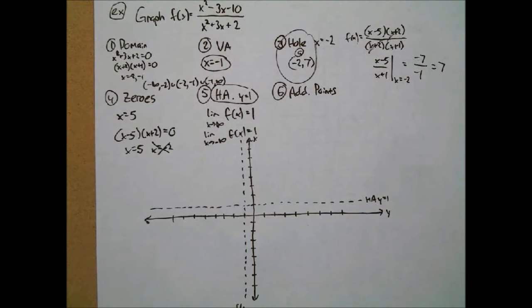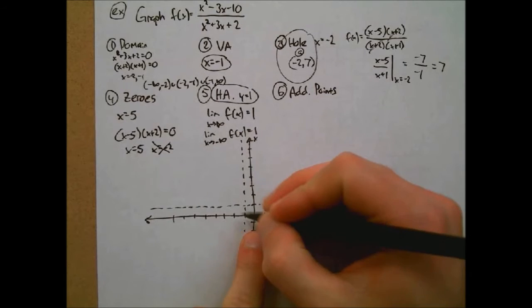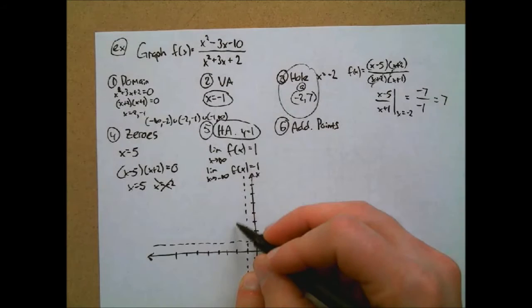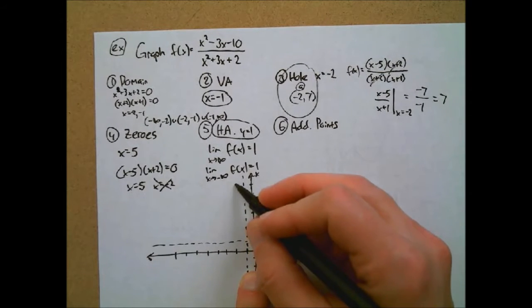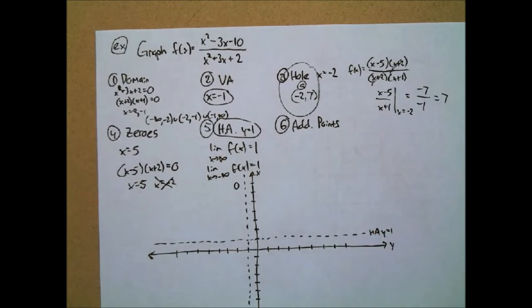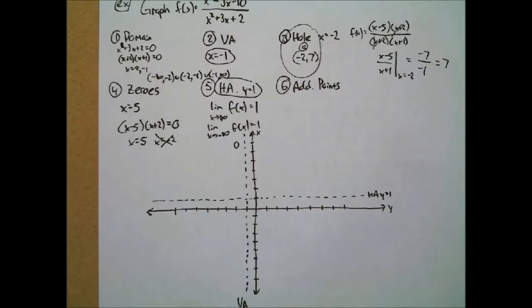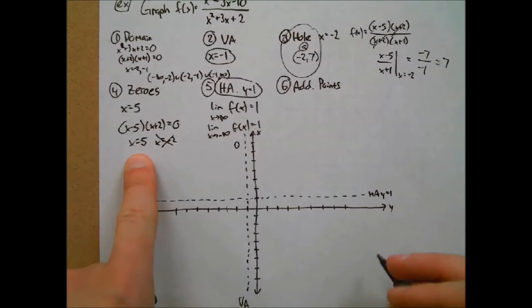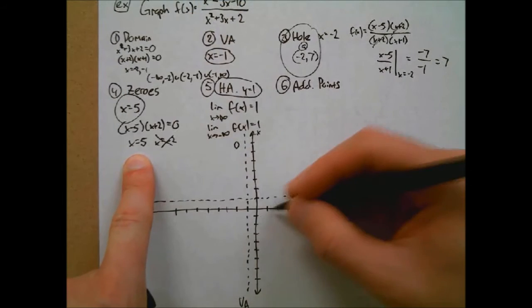We have a hole at negative 2, 7. So negative 1, 2, and then 1, 2, 3, 4, 5, 6, 7. Open circle there. Let's do an open circle for the hole. And a zero at 5. 1, 2, 3, 4, 5.